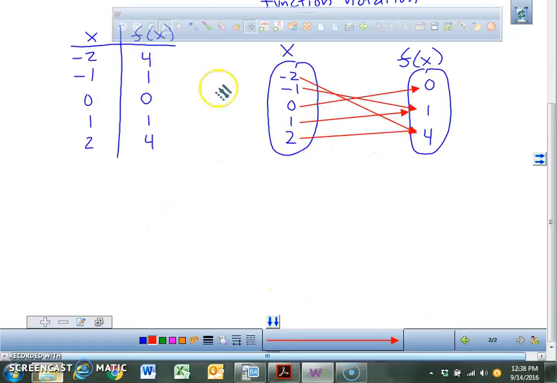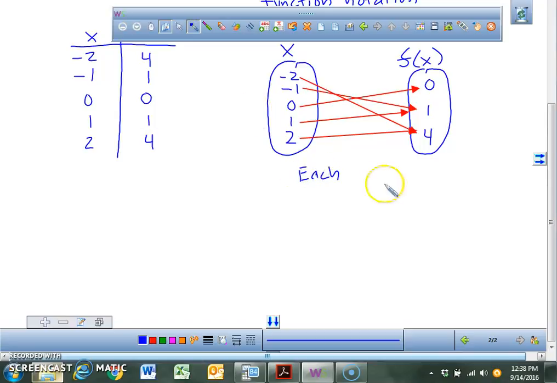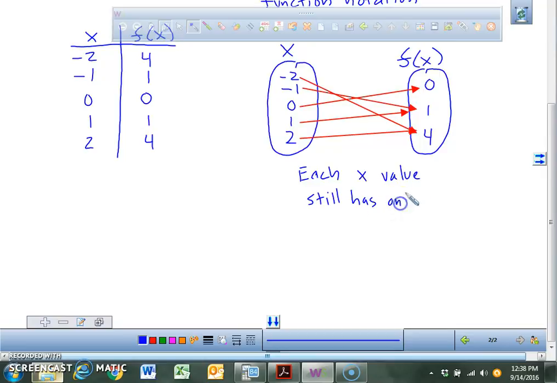So, here's what I want you to write underneath it. Each x value still has only one y value. So it's okay. Each x still has only one.